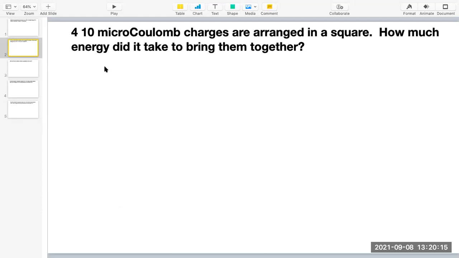So you have 4 things. A square with 1 meter sides. So how much energy would it take to arrange these? They started infinitely far away.